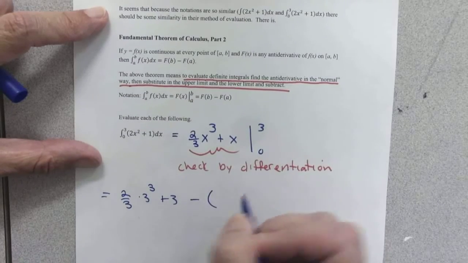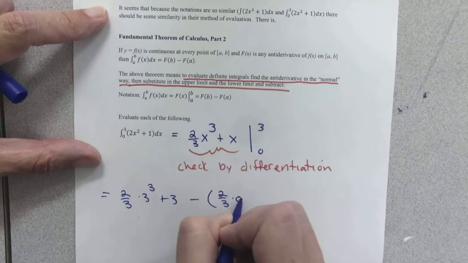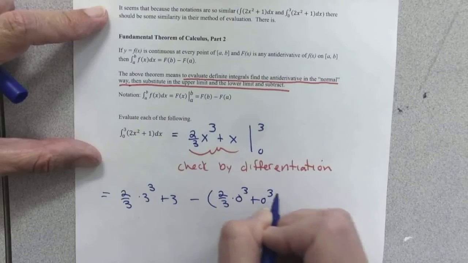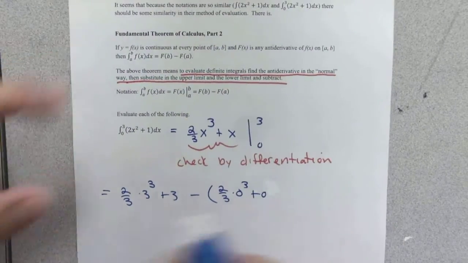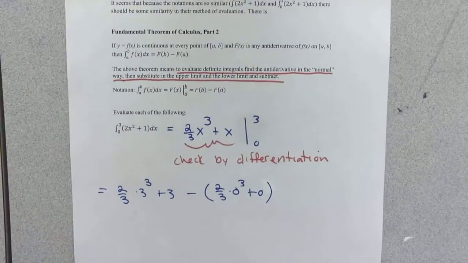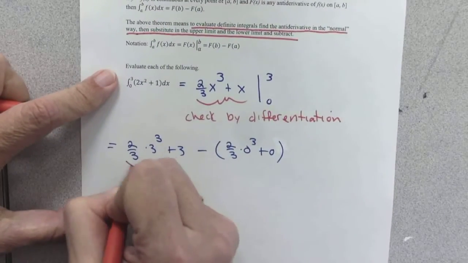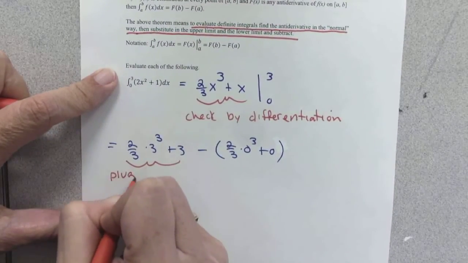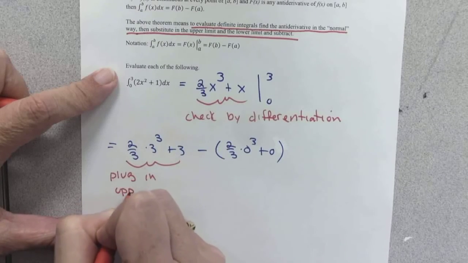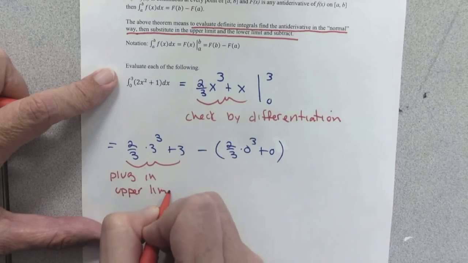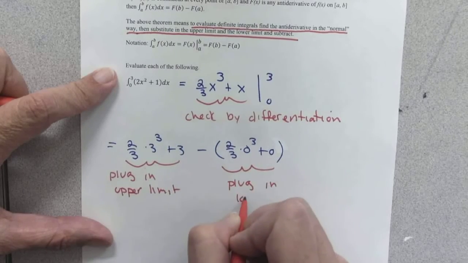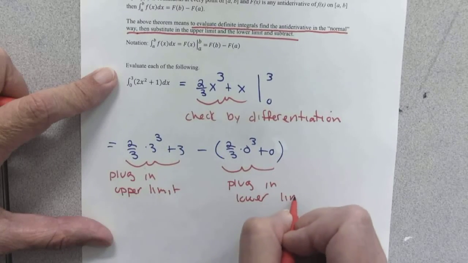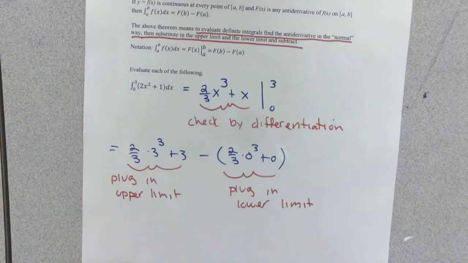I plug in the upper limit, I plug in the lower limit, and I subtract. Plug in upper limit, plug in lower limit, and then subtract.